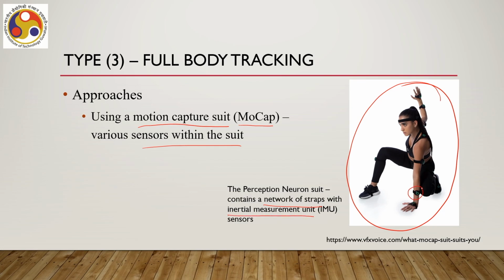These are the straps, as you can see here, worn at different parts of the body, leg, hand, arms, even head, everywhere you can see. When the body movement happens, these sensors capture and transmit raw movement data, which are then combined and converted to full body position and movement.